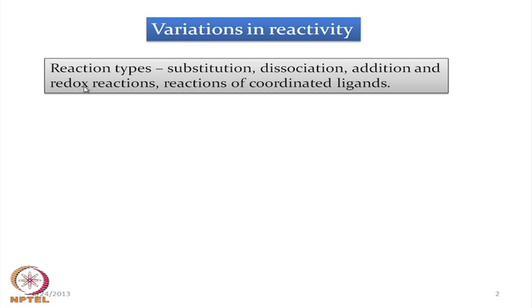Then there are the redox reactions, that means when the metal center has surrounding ligands, that means an ML6 species is there, but it can transfer one electron to some other species or it can accept one electron. That means redox reactions can take place.